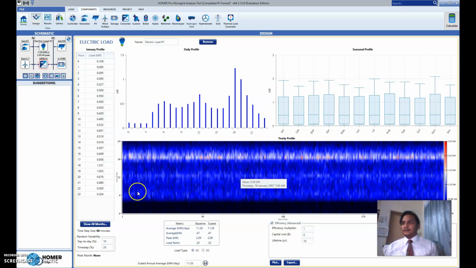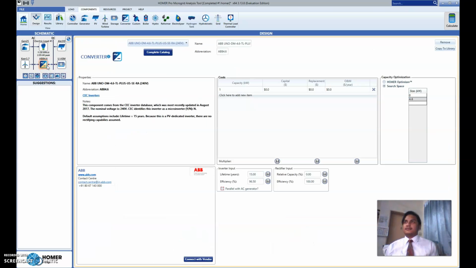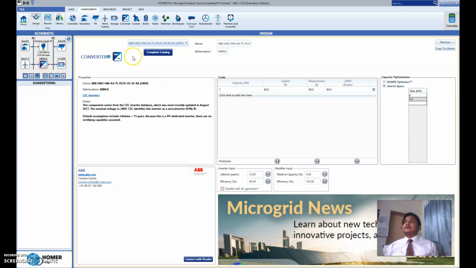The yearly profile is this. For this design, we operate using this type of converter, where we use the ABB UNO 4.6 TL Plus US Sera at 240 volt.